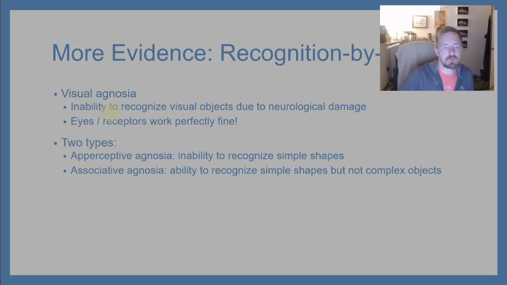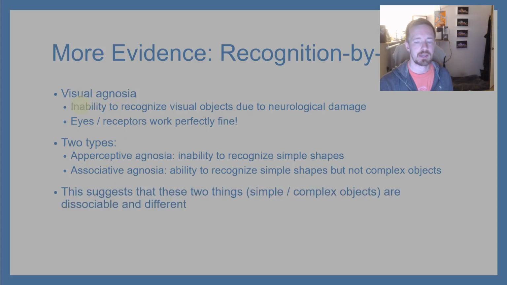And while we're talking about visual agnosia, there's actually two kinds of visual agnosia. I'm not going to test you too much on those because I think it's more important to know what visual agnosia is overall. But we have apperceptive agnosia, which is the inability to recognize simple shapes. But we also have associative agnosia, which is the ability to recognize simple shapes but not complex shapes. So why am I bringing this up now when we're talking about recognition by components?